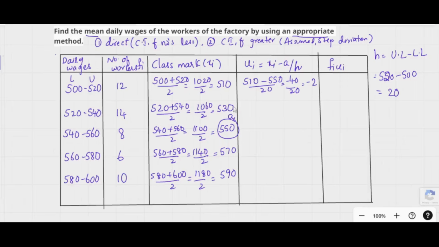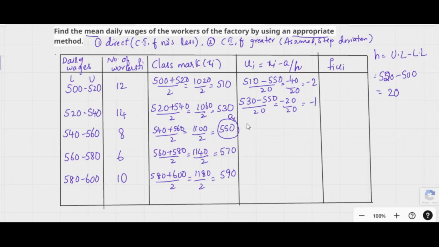Same here, xi is 530. 530 minus 550 divided by 20 is minus 20 by 20, which equals minus 1.